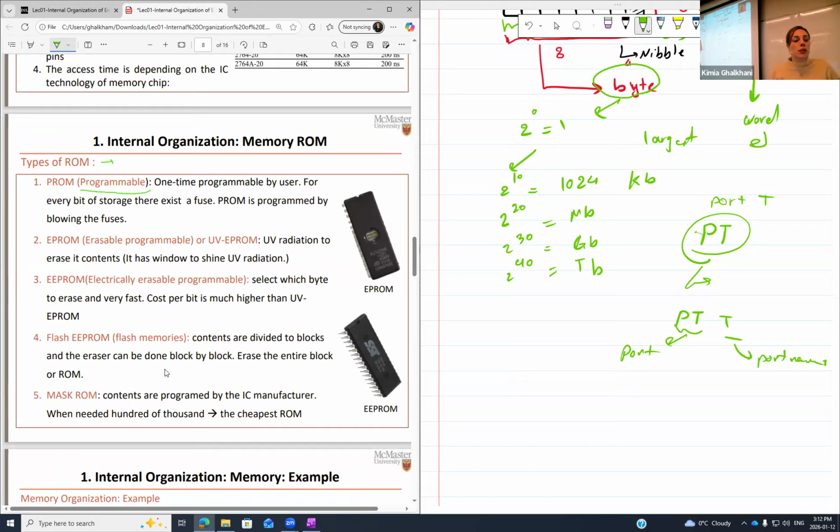Some of the devices that we use only have the capability to be communicated with one time, and then they are garbage. We cannot erase the information, and usually those are cheap, not something expensive, because we can use them only one time. That's why we say one-time programmable.